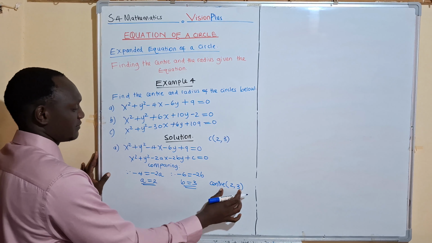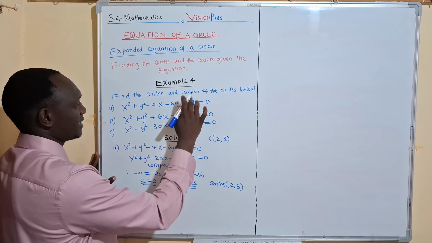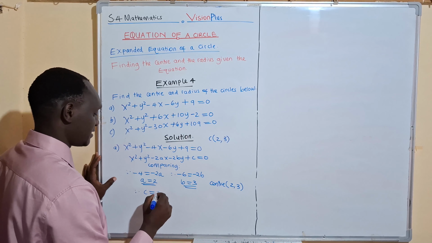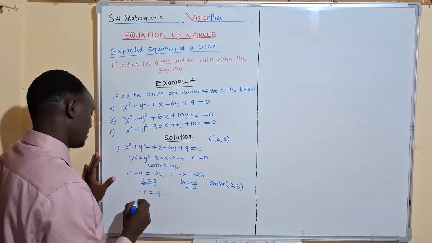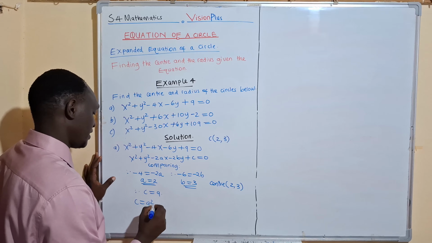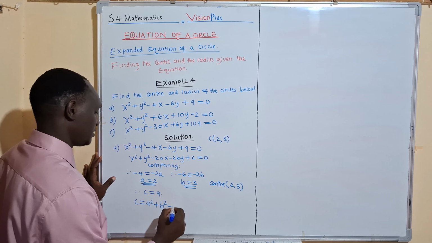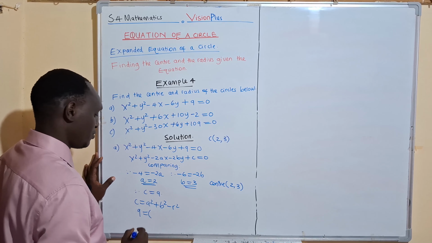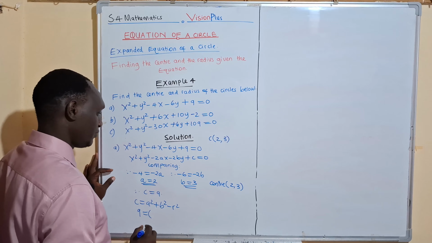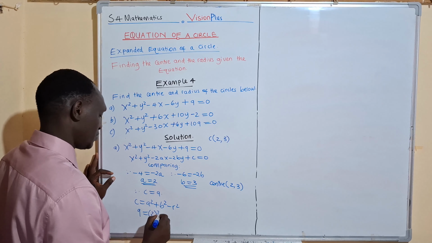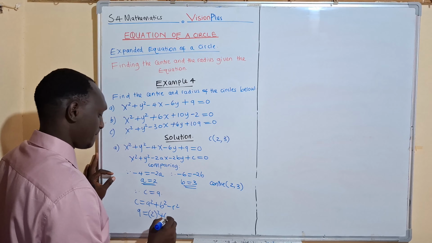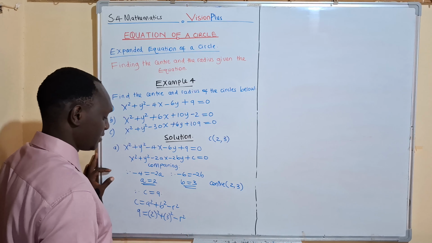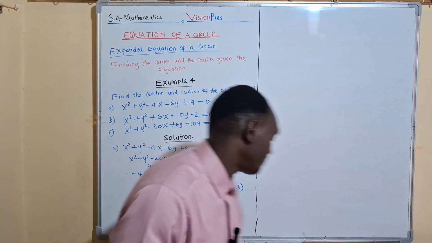After getting the coordinates of the center, now we are left with the radius. So still on comparing, c is 9. But there is a formula that c is given by a squared plus b squared minus r squared. That means 9 equals, what is a? a is 2, squared, plus what is b? b is 3, squared, minus r squared, and we are looking for r.